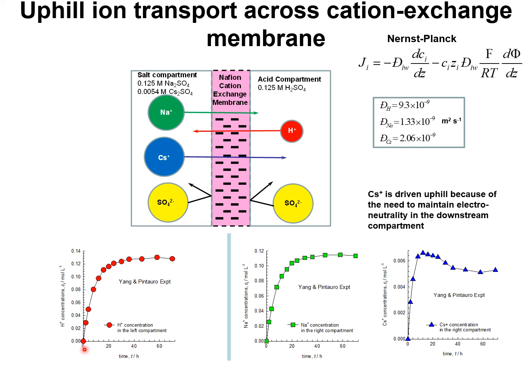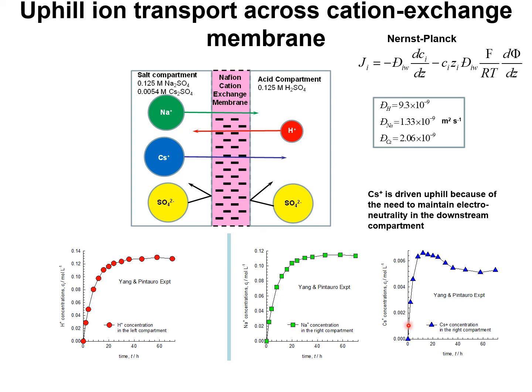The experimental data for the transient uptake of hydrogen ion in the left compartment is shown by the red circles here, and the transient influx of sodium and cesium in the right compartment is shown by the green squares and the blue triangles.